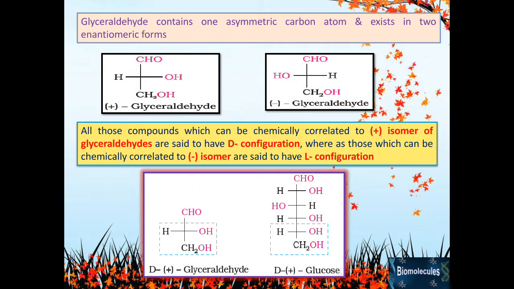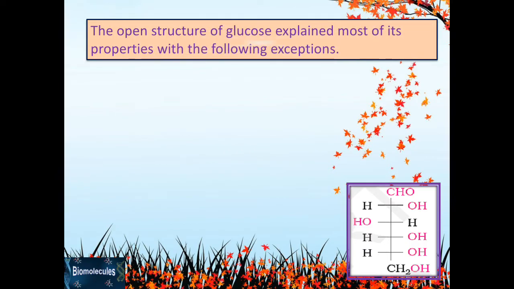So this concept we discussed in the previous class. And I said in the previous video that the open chain structure of glucose has many drawbacks and failures, so that we will discuss in the next class. So let me begin with today's class.